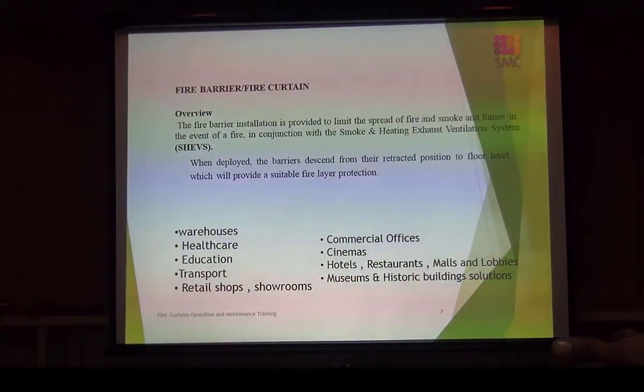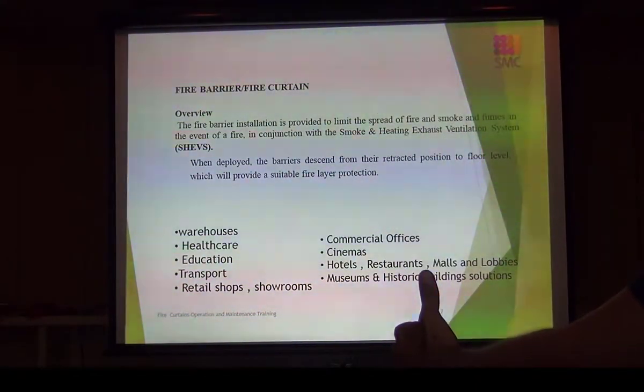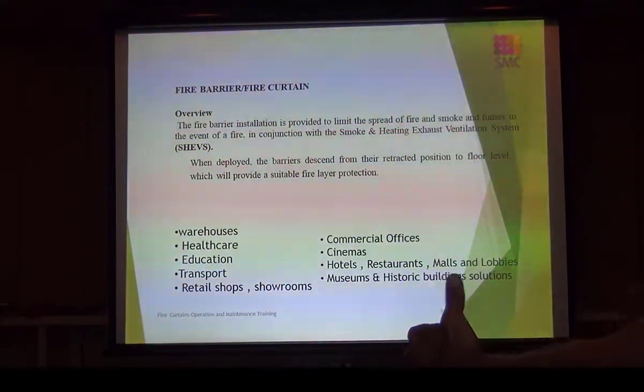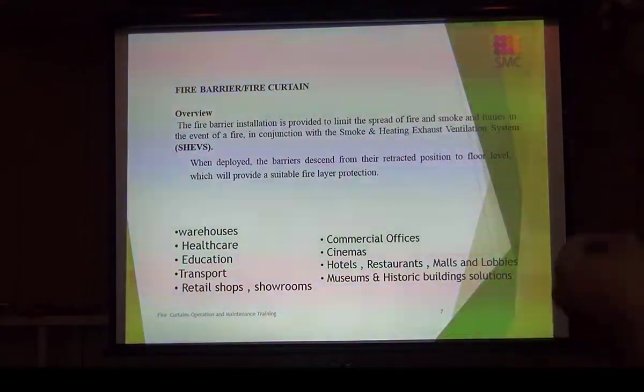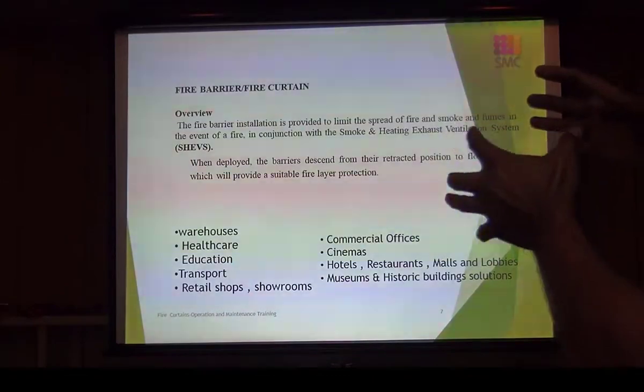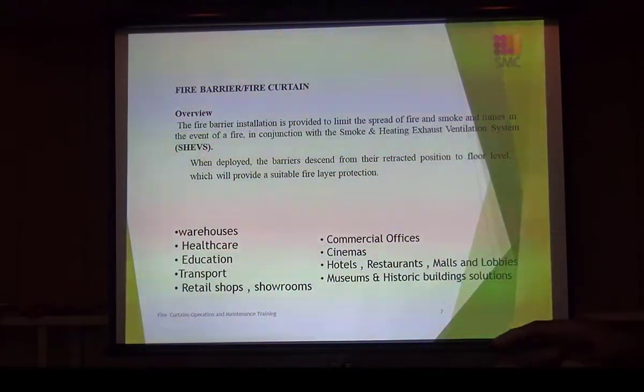I mean to say, if there is a fire, the curtains will deploy and try to contain the fire, and meanwhile the other systems attached to this fire strategy, like sprinklers, will try to diminish or reduce the fire. So basically the purpose of these curtains is to contain the fire, to gain time, to control the fire.